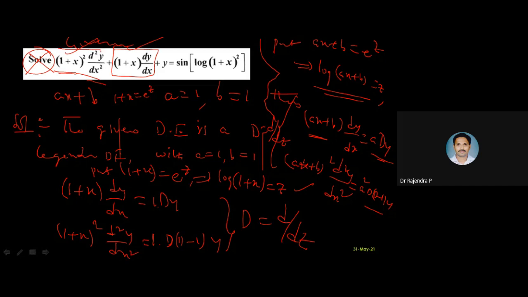The second term, 1 plus x whole square d square y by dx square, is a square into D minus 1, that means 1 into D minus 1. If I substitute all these in this equation, don't directly substitute 1 plus x is equal to e power z on the left hand side. This is very, very important. Along with the dy by dx, you try to substitute the whole term.